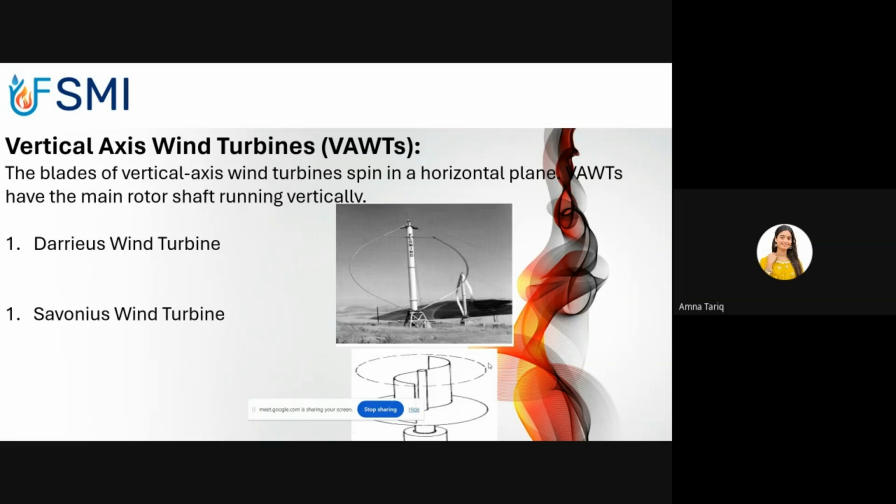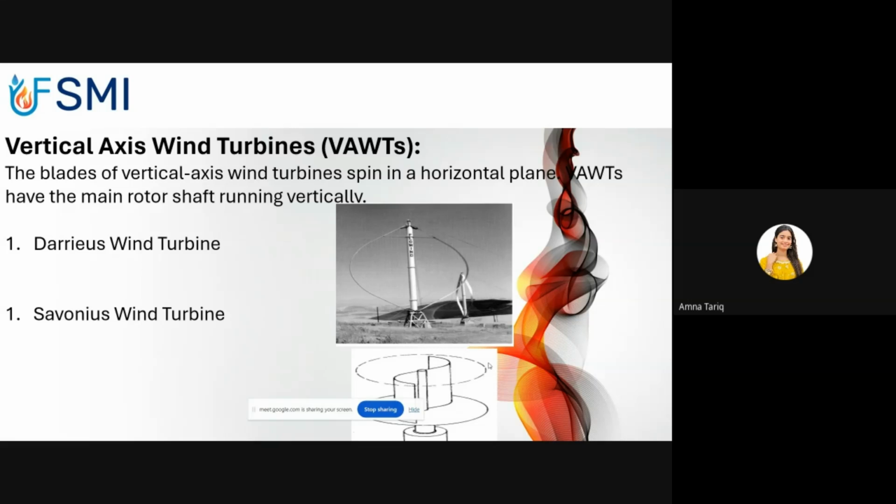What is the Darrieus wind turbine? The most common type of vertical axis wind turbine is the Darrieus wind turbine. You see the diagram of this type of turbine. An external power source is required to start the rotation. The starting torque is very low.